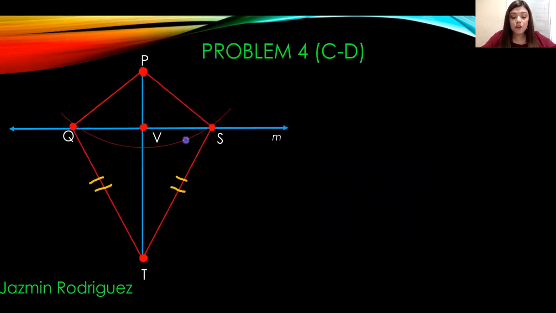All right, now for part C, we want to determine that triangle QPV is going to be congruent to triangle SPV. And I think we're going to do this through the SAS property, which is side angle side. And in a side angle side, it states that two sides and an included angle of one triangle have to be congruent to two sides and an included angle of the other triangle.